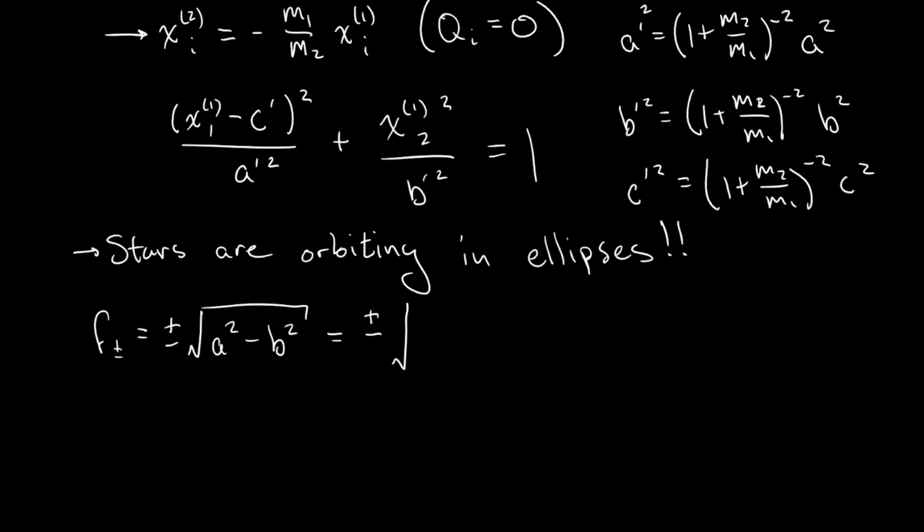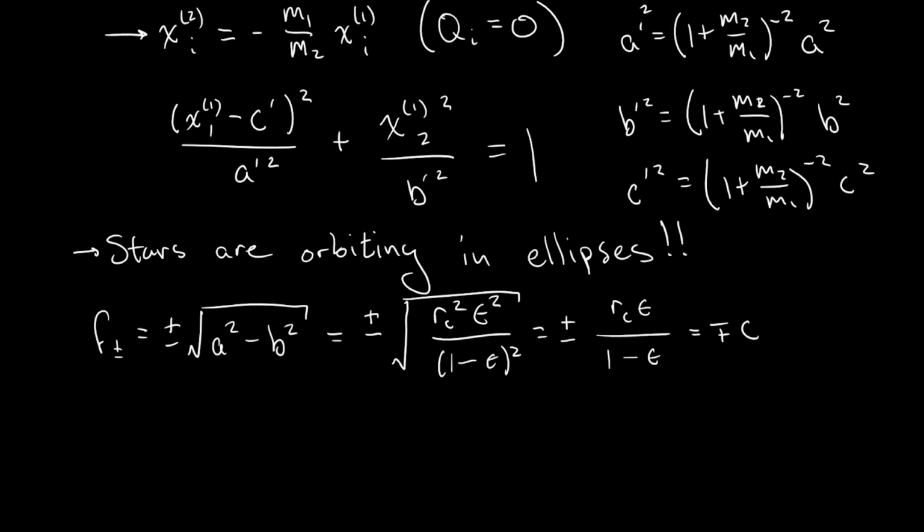And in our particular case, this is going to be the square root of rc squared epsilon squared over 1 minus epsilon squared, which is plus or minus rc epsilon over 1 minus epsilon, which is minus plus c.